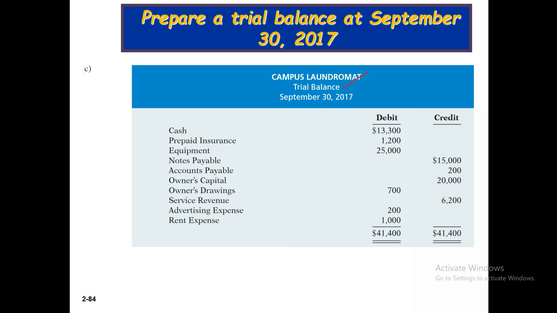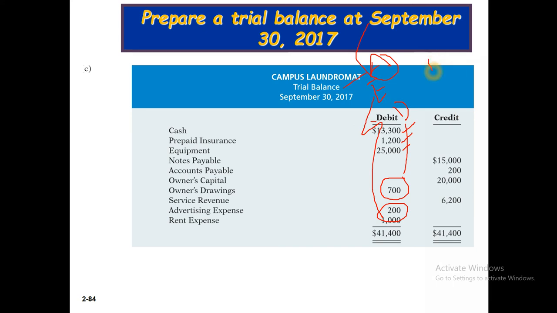Earlier lectures I told you that all assets, all expenses, and all drawing are debit balance. So here cash, prepaid insurance, and equipment, these are our assets, this is our debit side, and this is our drawing, the drawing must be debit, and these two are our expenses, this must be debit. And this is credit.